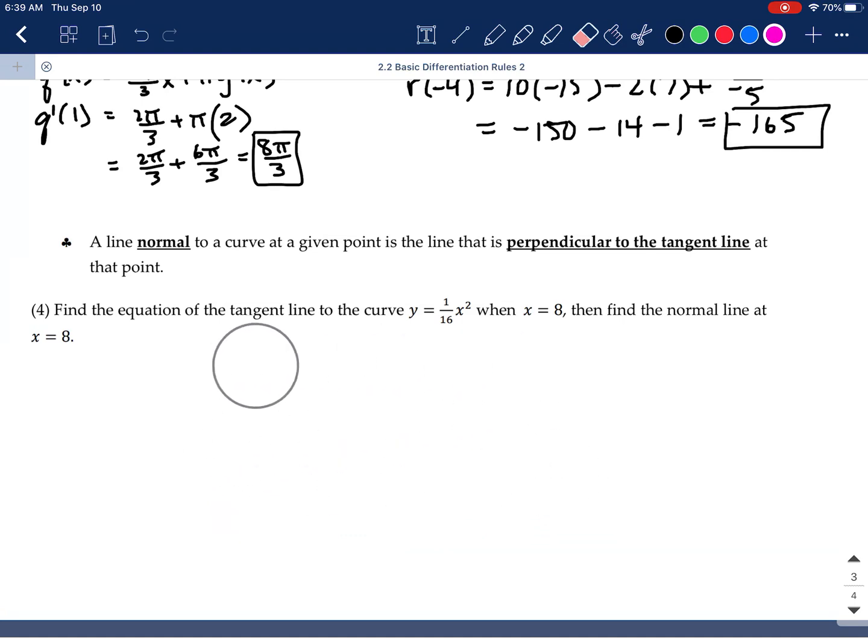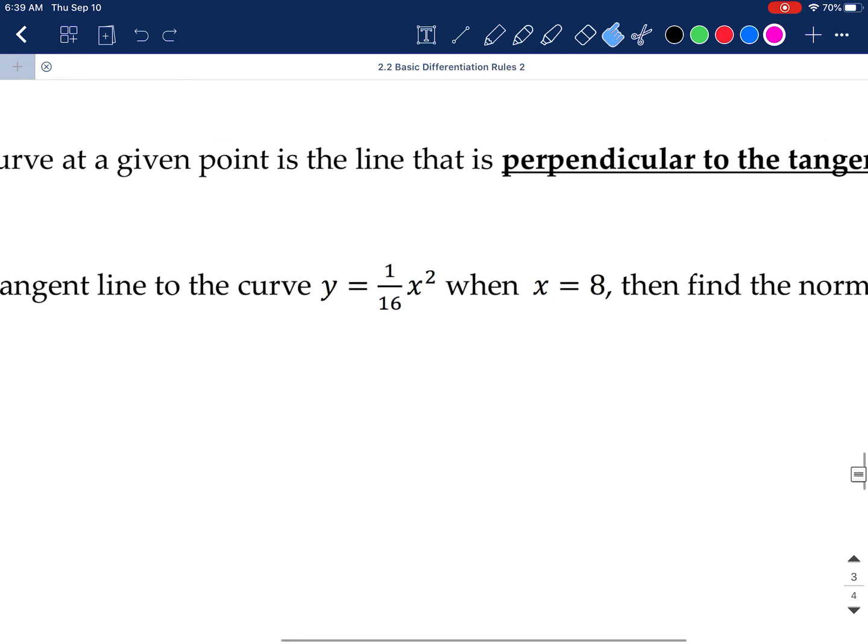So essentially, we just need to find the equation of the tangent line and then take the opposite reciprocal slope. So find the equation of the tangent line to the curve y equals 1/16 x squared when x is 8, and then find the normal line. So we're going to do both here. So we'll start with the fact that y prime, let me zoom in a bit here. So y prime is going to be 2 times 1/16, so 1/8 times x.